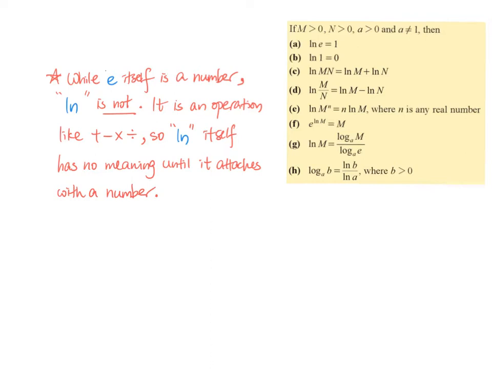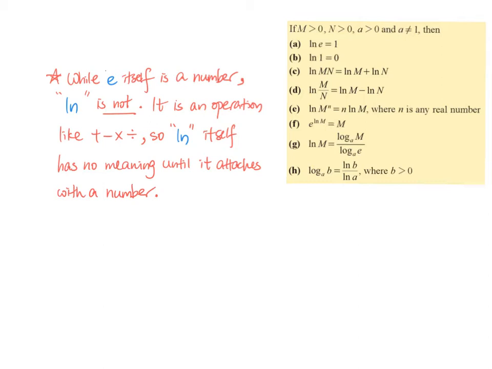So the ln symbol itself has no meaning until it is followed by a number. For example, ln e has meaning. It means e to the power of what equals e, and that answer is 1. And ln 1 means e to the power of what equals 1, and that answer is 0.